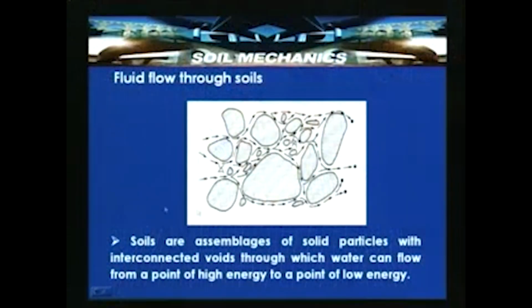Depending upon that, the flow shall take place across the plates, that is, perpendicular to their plane. So, here the soils are assemblages of solid particles with interconnected voids through which the water can flow from a point of higher energy to a point of low energy. That means that for the flow to take place, a higher energy should be there at one point, and a lower energy should exist at another point. Then the flow can take place from a point of higher energy to a lower energy.